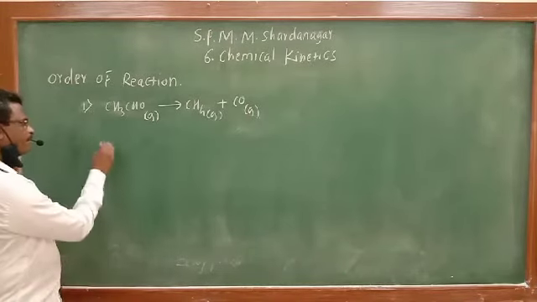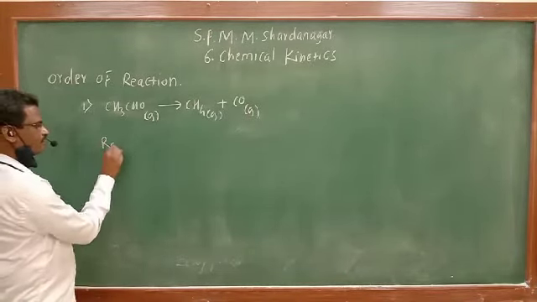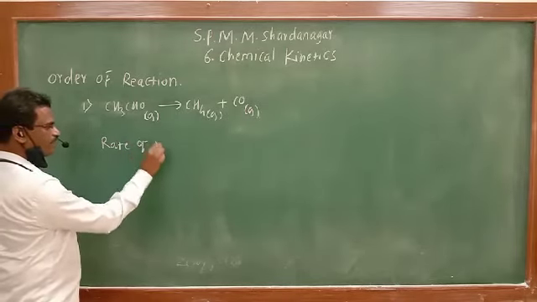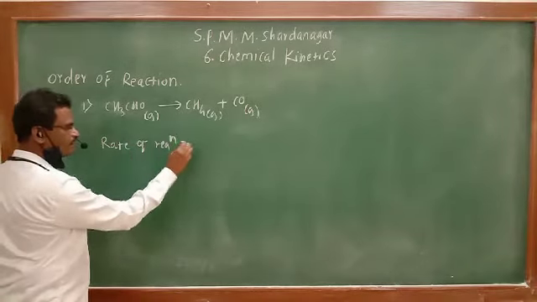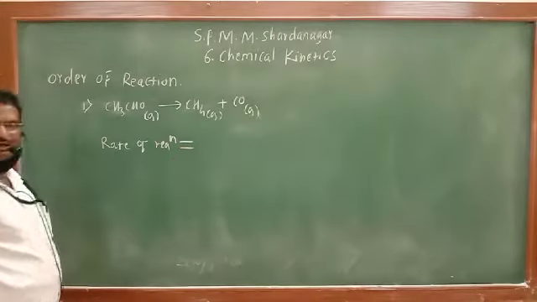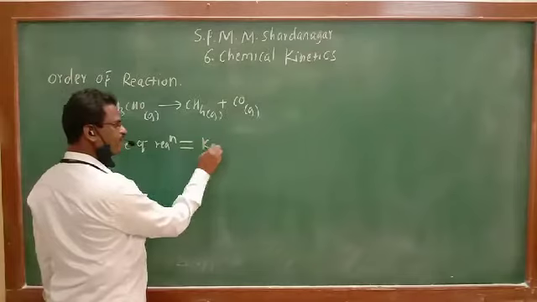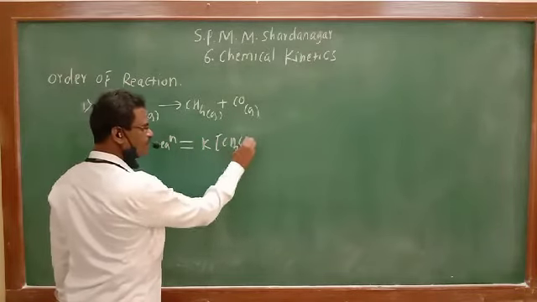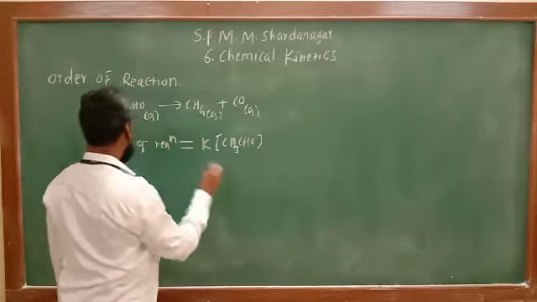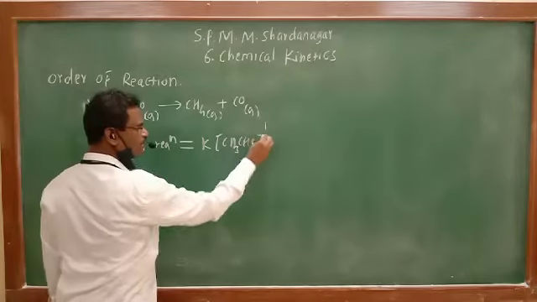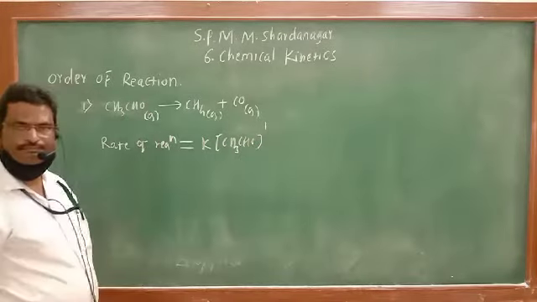So what is the general impression about rate of reaction? If the rate law is a theoretical equation, we may write like this: K into concentration of acetaldehyde raised to 1. That is our general impression.